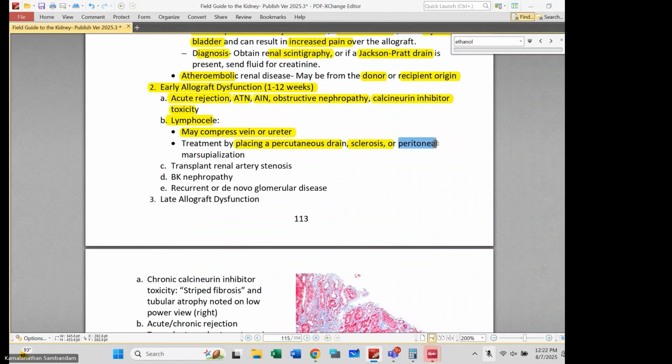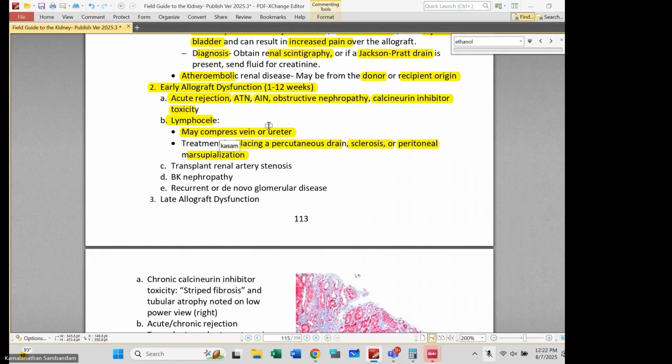And then sometimes they will be addressed surgically by a procedure called marsupialization, if you recall from Bartholin gland abscesses. You basically need to lance it open and tether the opened fluid collection to neighboring structures in order to keep it open and let the fluid drain into the peritoneum where it's going to be reabsorbed.